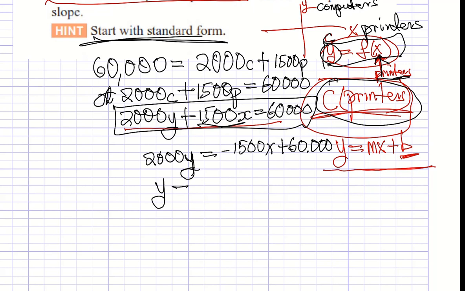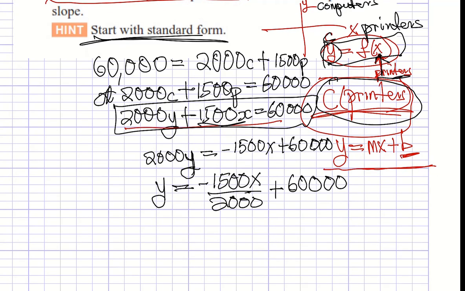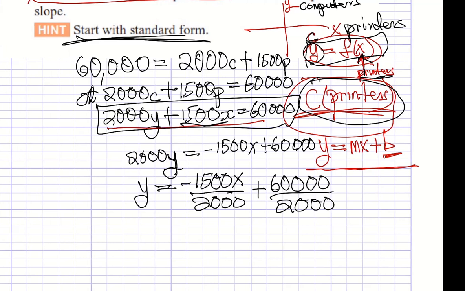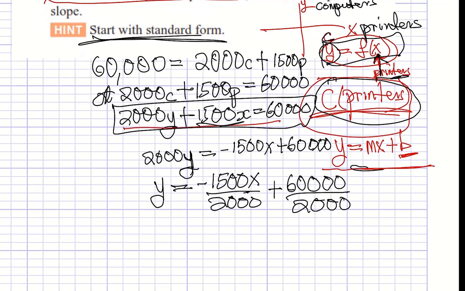We get Y is equal to minus 1,500X over 2,000 plus 60,000 divided by 2,000, because we want to get rid of 2,000 from y. Basically, we try to transform this into that form. So you divide things out.